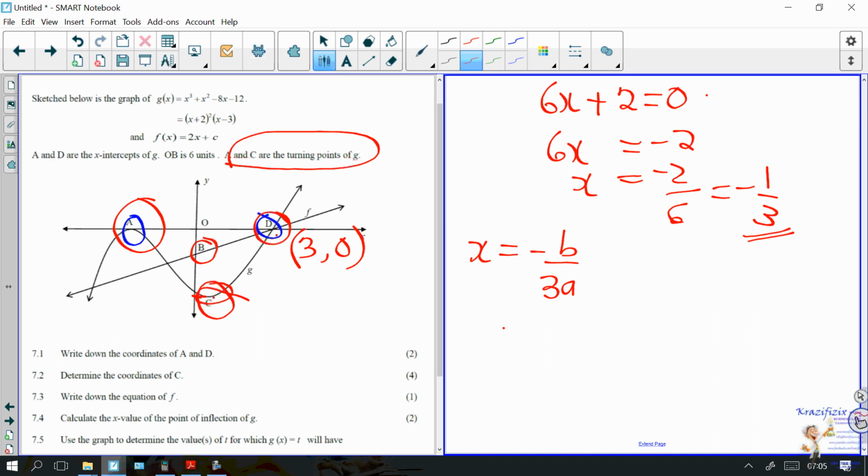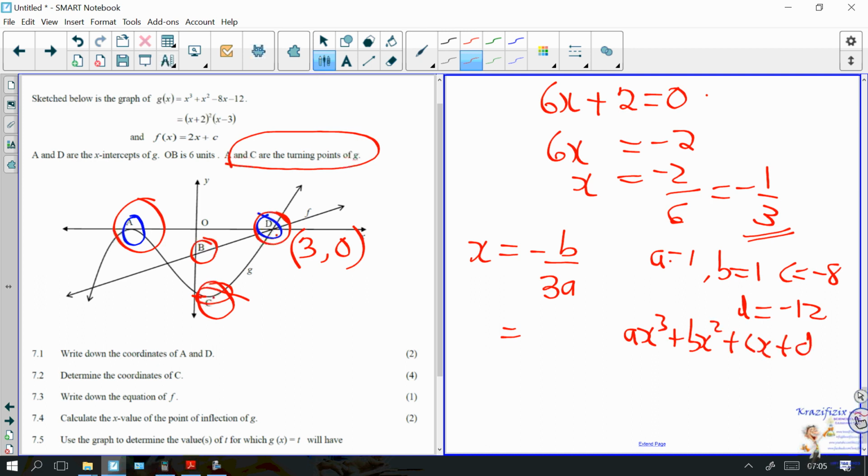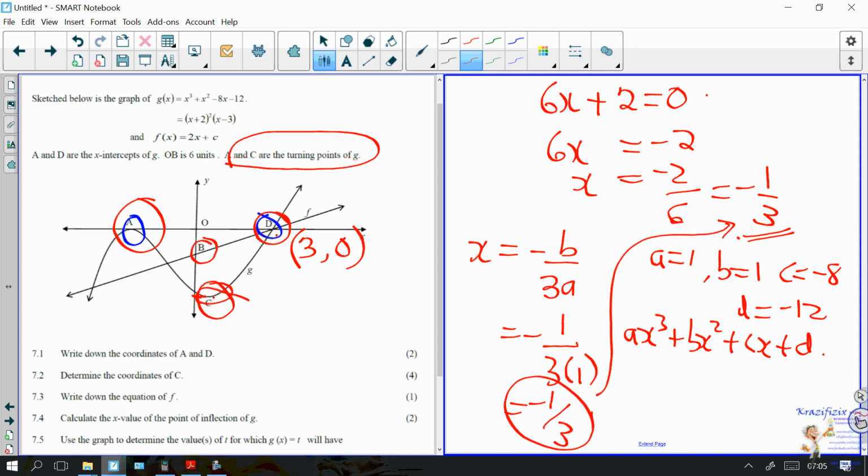Remember, my a is 1, my b is also 1, my c is negative 8, and my d is negative 12, because we're saying ax cubed plus bx squared plus cx plus d. So negative b over 3a is negative 1 over 3. Same answer as that, point of inflection.